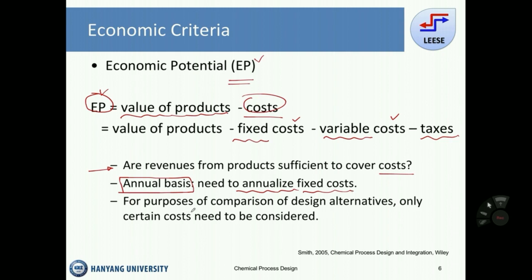For the purpose of comparison of design alternatives, only certain costs need to be considered. We have uncertainty in determining the number of units in terms of estimating size, and there are some uncertain elements in the design. Then everything is not clear.